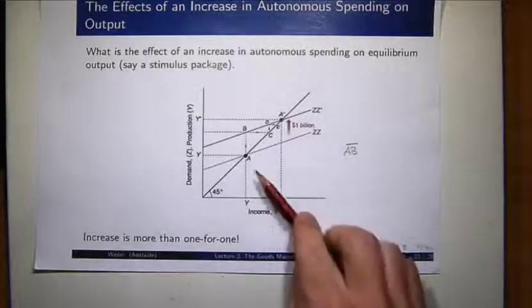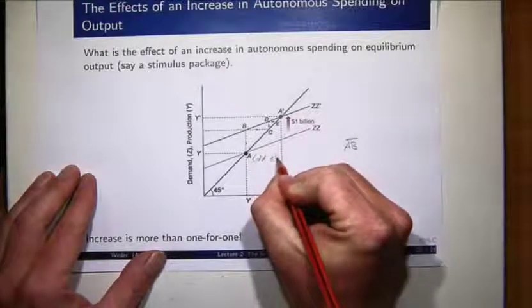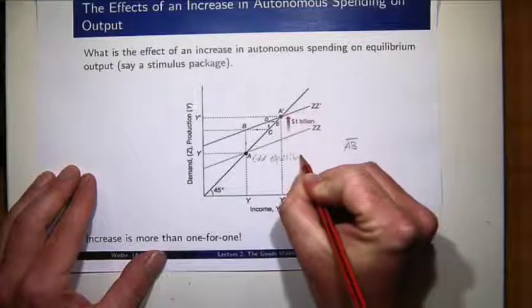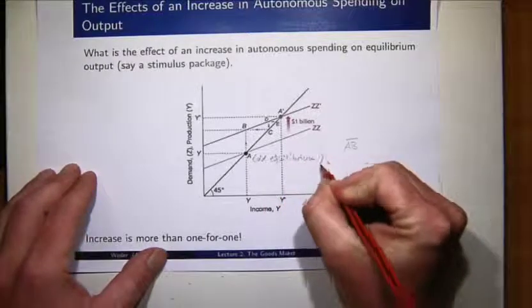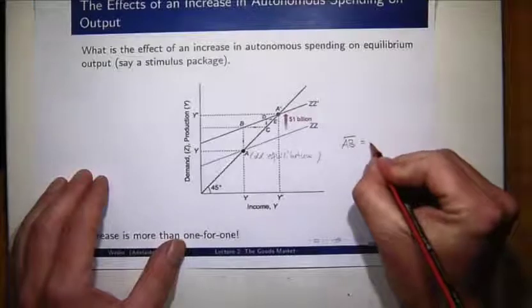So we have an old equilibrium at point A. What happens to this economy if the government increases spending by AB? That's the change in government spending.